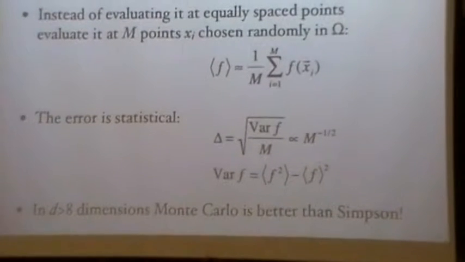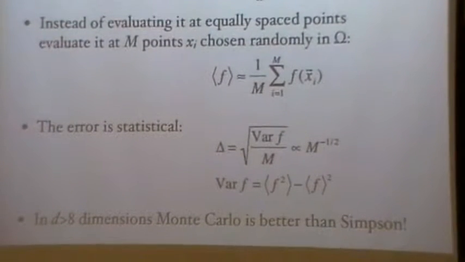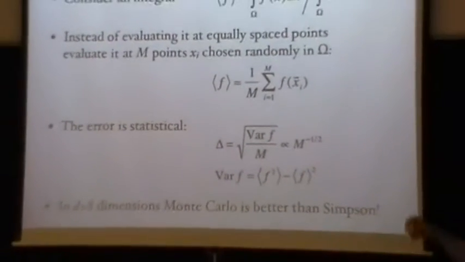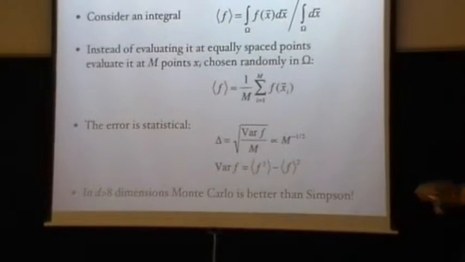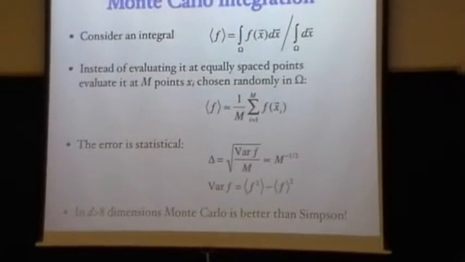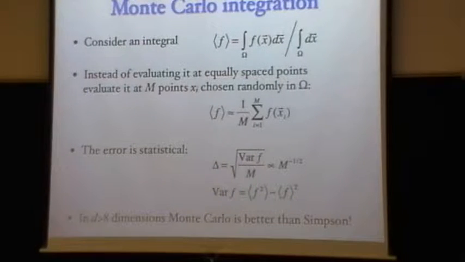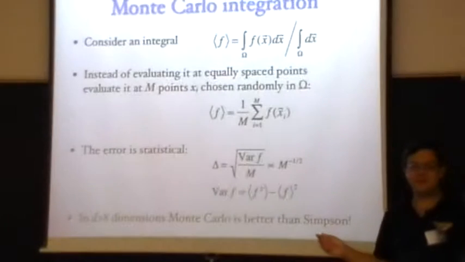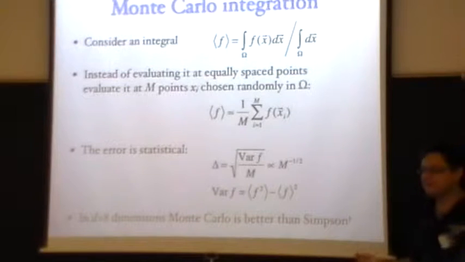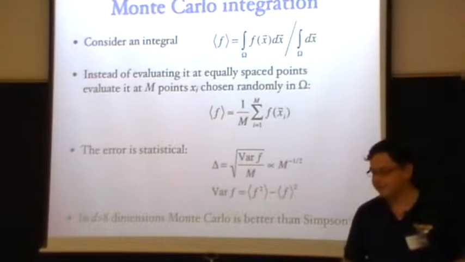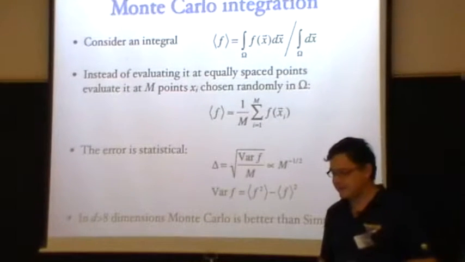The moment you have an integral in more than 8 dimensions, picking your points randomly will always be better than any regular mesh that you can place on it. If we have a physical system of classical particles, we have 6 million dimensions, and Monte Carlo wins by far. So starting with 3 classical particles, Monte Carlo is better than direct integration.